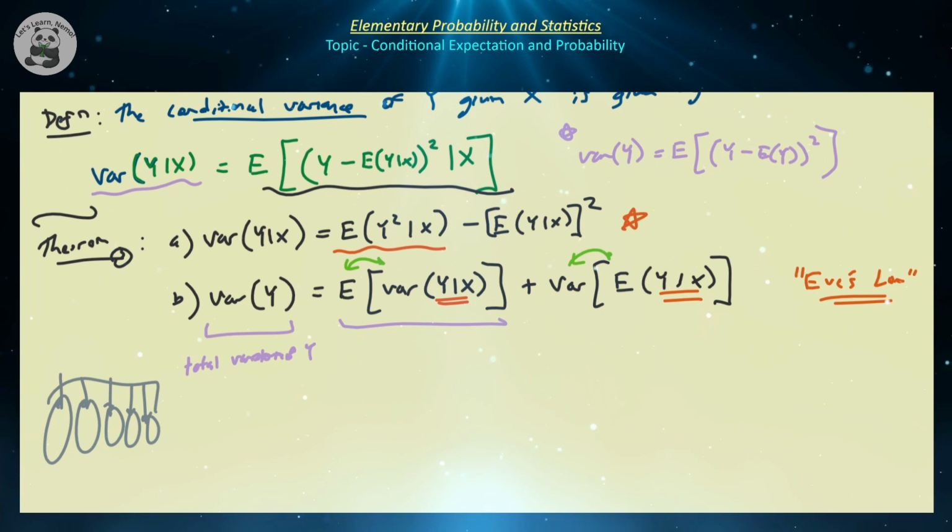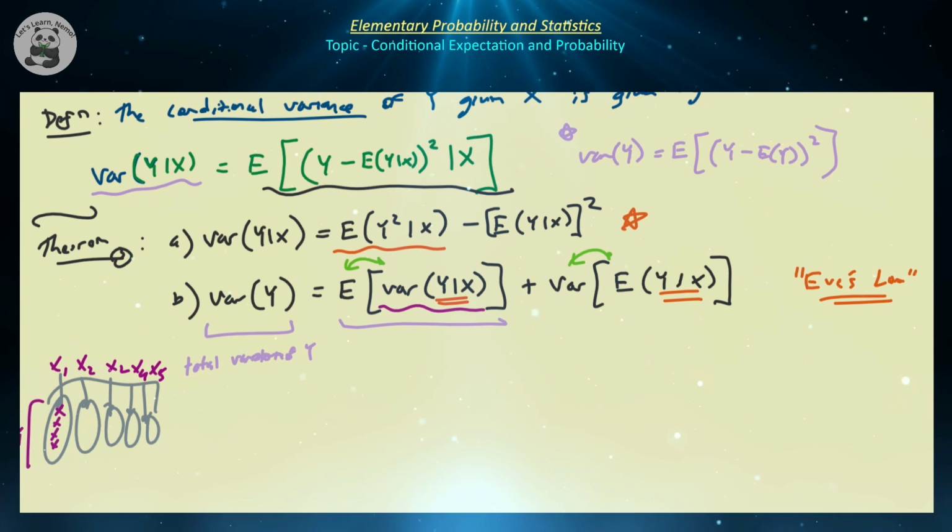Then obviously you need to figure out, is there a lot of variation within each of these groups? That's practically what the variation of y given x is. For example, I give you x1, x2, x3, x4, and x5, and these are all y values. Is there a significant difference between the heights of different age groups? Yes or no? And the expected value practically is a weighted average of those variation parameters.